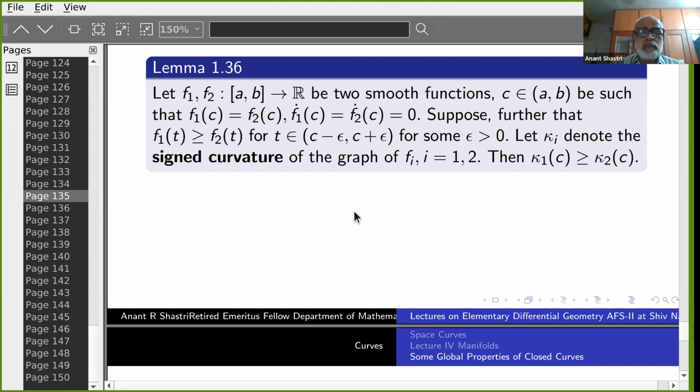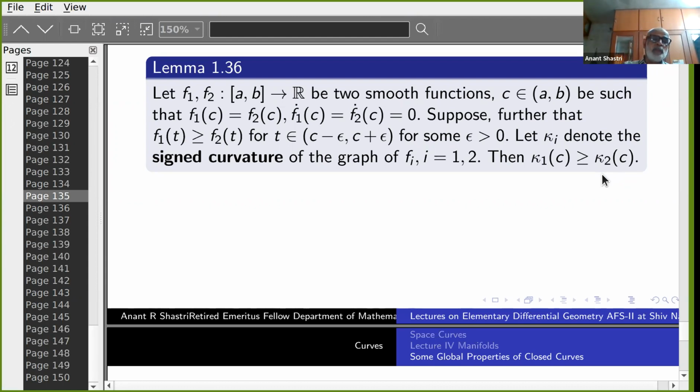At a point, both the curves have the x-axis as a tangent. So both the curves will lie above the line parallel to the x-axis, right? Which one lies above? The graph of f1 will lie over the graph of f2. So that curve has a higher curvature than the lower curve gamma 2, right? So heuristically, layman-wise, it is obvious.